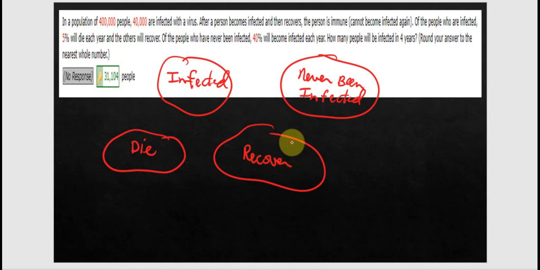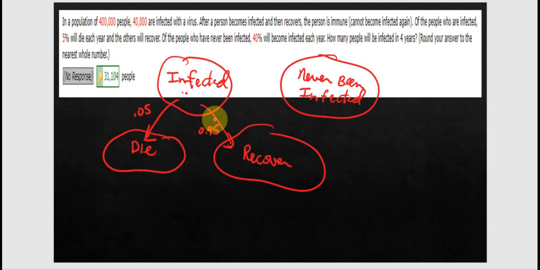Right? So let's see. It gives us the definition that after a person becomes infected and then recovers, that person is immune. Of the people who are infected, so we're here, 5% will die, and then it says the remainders will recover. So we draw an arrow, and that says here 0.05, and then the remainders will recover 0.95.